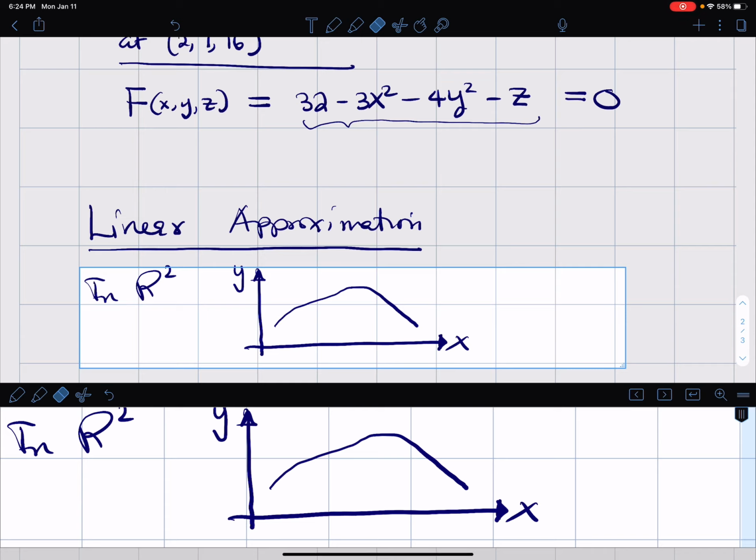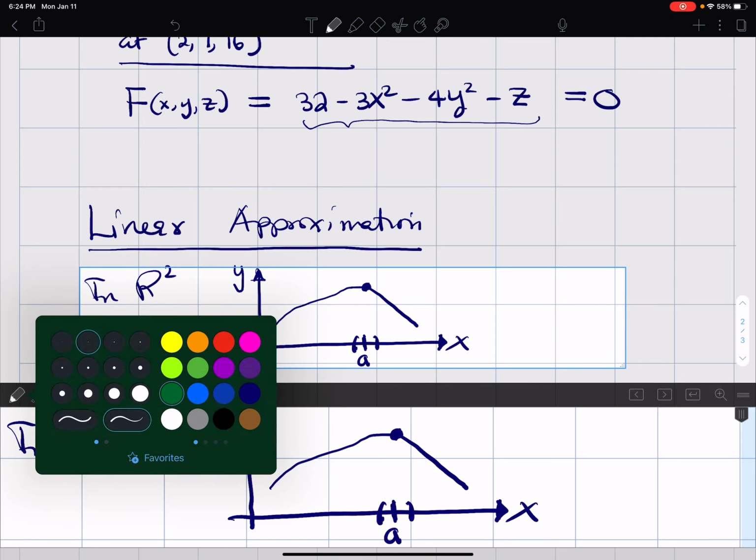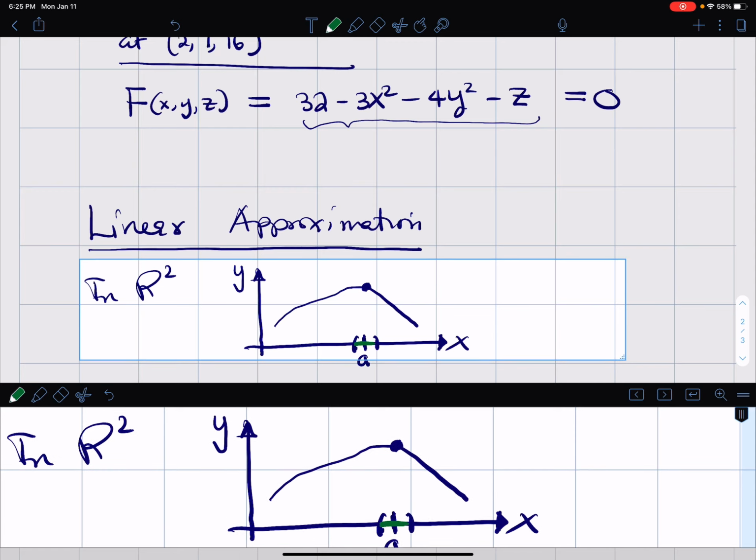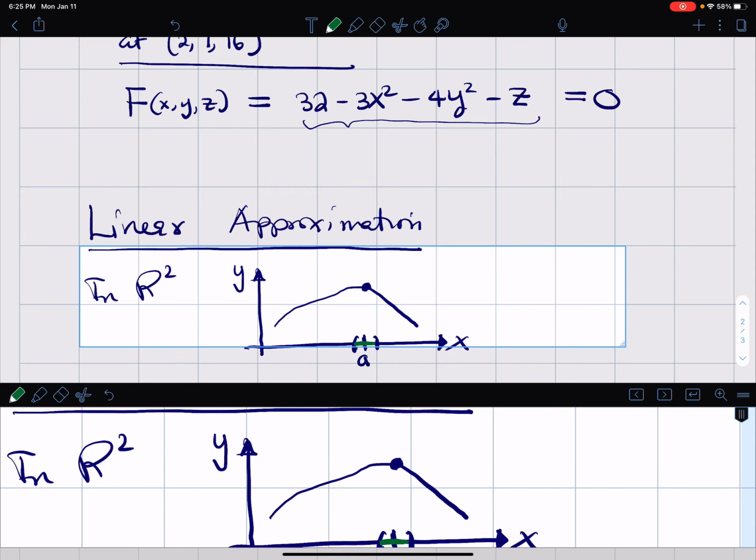So this is not a linear function, but assuming you want to work with this function at a point A, and you know that for everything you're doing, you're only going to be dealing with a very small interval around A. You can actually linearize this function around A. So what does that mean?